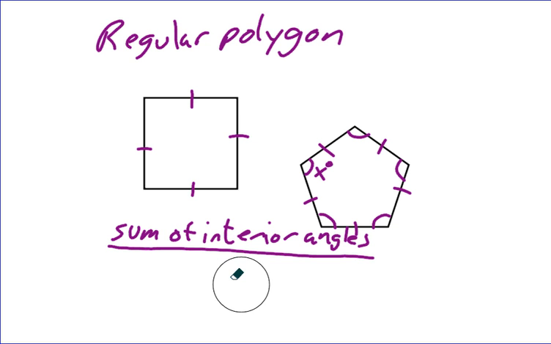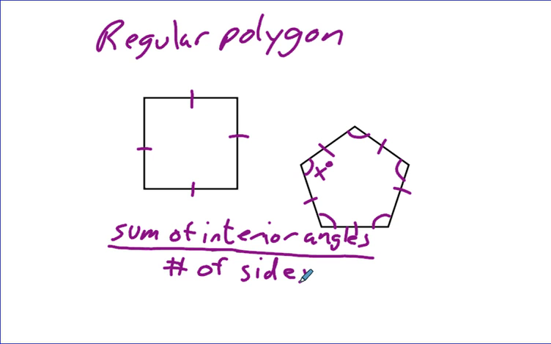So we're dividing the sum of the angles by the number of sides, and we can figure out what one angle measure is.